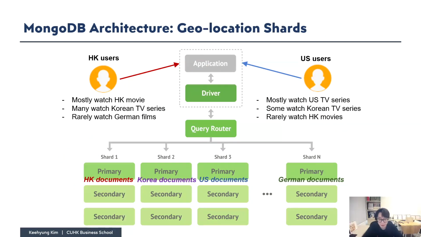So another thing we can consider now is geolocation sharding. These days, this is quite common. Many international companies are providing online services across many different countries. For example, Google, Apple, and all those big companies are providing online services not just in the US, but also outside the US. Those are very common these days.